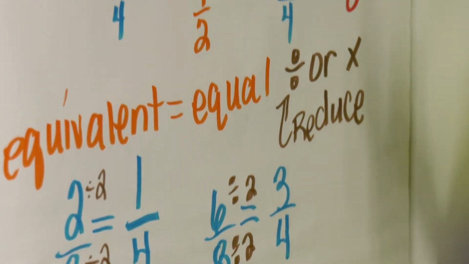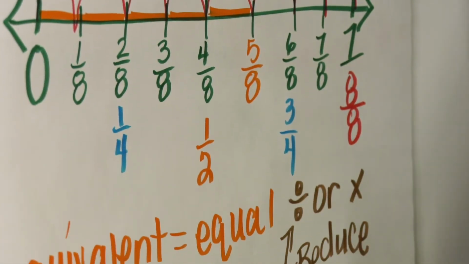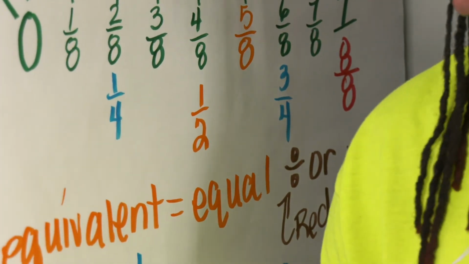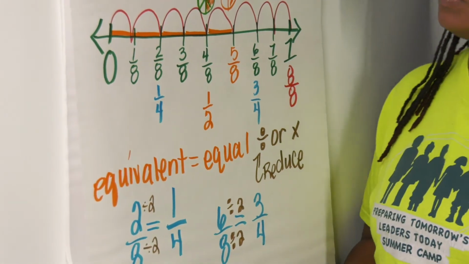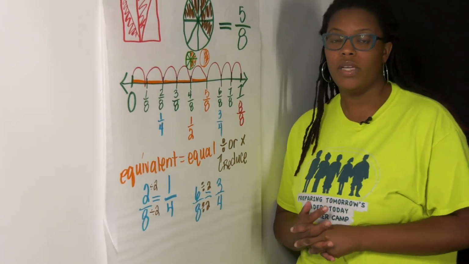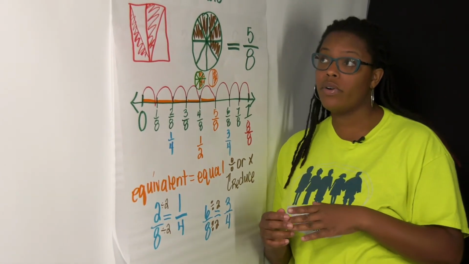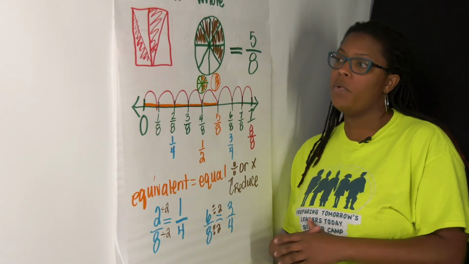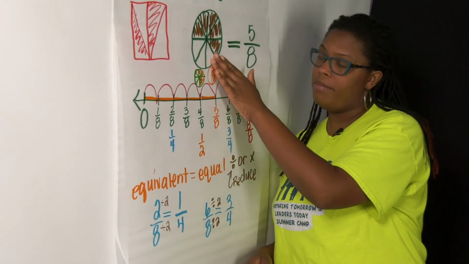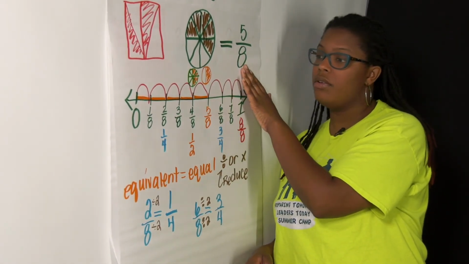All right, so let's just recap what we've done so far. We've learned that a fraction represents a part of a whole. We've learned that a fraction is written numerator over denominator. We've also seen what it looks like in picture format, written out.